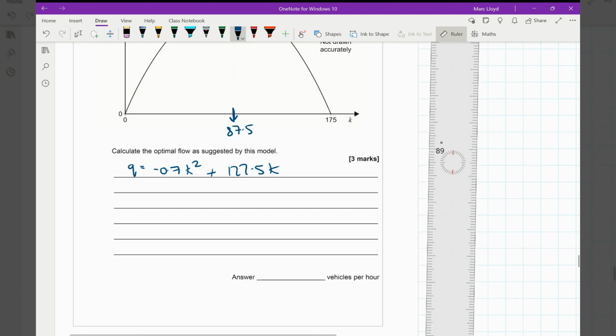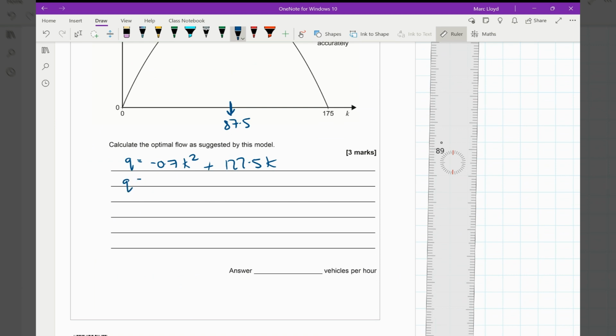Now, my value of K is 87.5. So, 87.5 squared times by negative 0.7 gives me negative 5359.375. And then I'm going to add 87.5 times by 122.5. That is 10718.75.